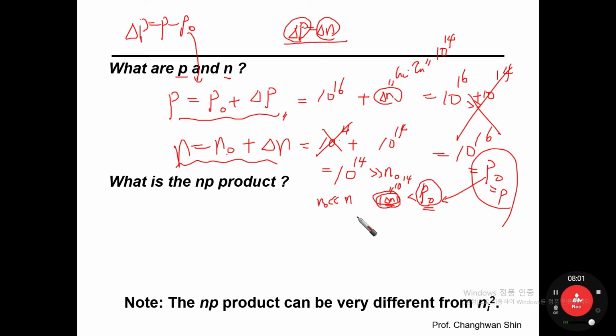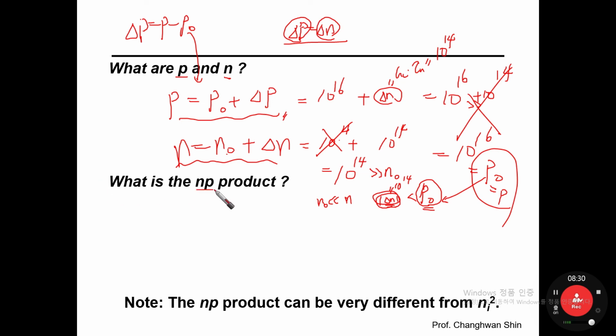But this additionally created electron concentration is much, much smaller than the majority carrier concentration at thermal equilibrium. In other words, majority carrier concentration is not affected significantly. However, the minority carrier concentration, in this case electrons in the P-type silicon sample, is significantly affected.